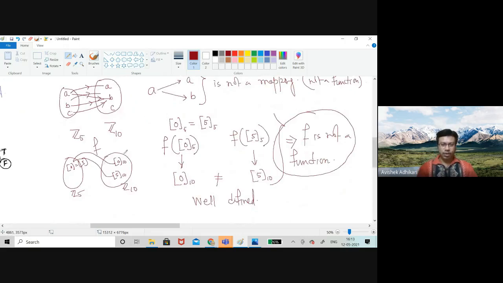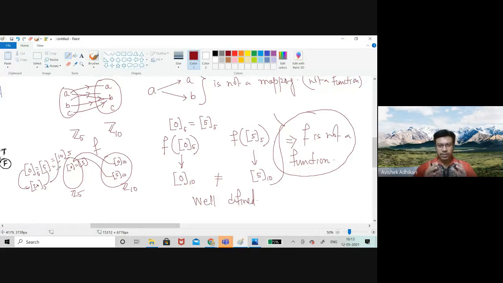The problem came due to the fact that the same element can be represented in many ways. Like 5, I can also have 10, I can also have 20. The same element, the representations are different. As a result, it may give you confusion.